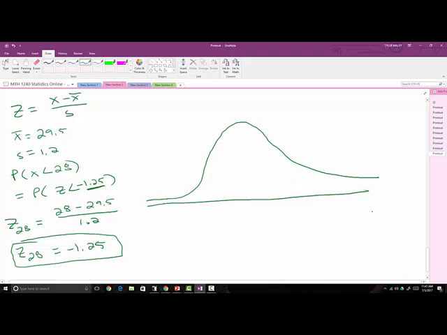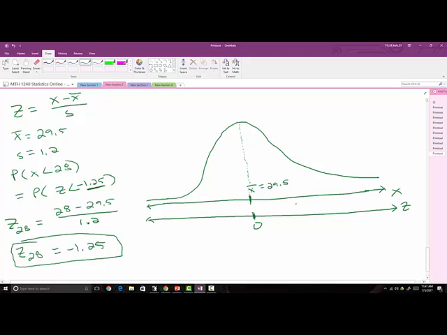Underneath, this is my x-axis, and then I'm drawing a z-axis down here as well. I know that I have a mean of 29.5, so that's the center, and the corresponding z-score for that is 0.